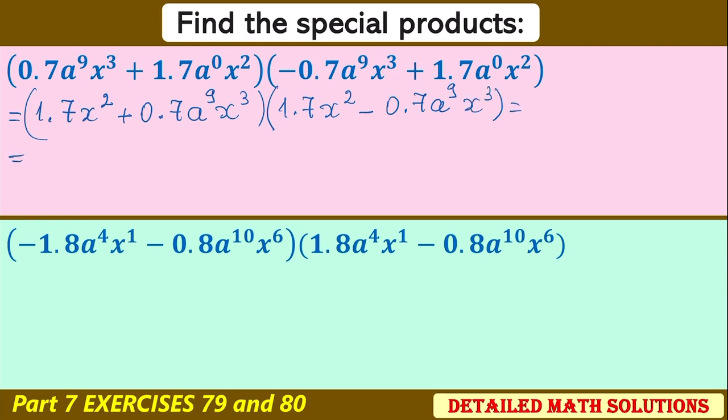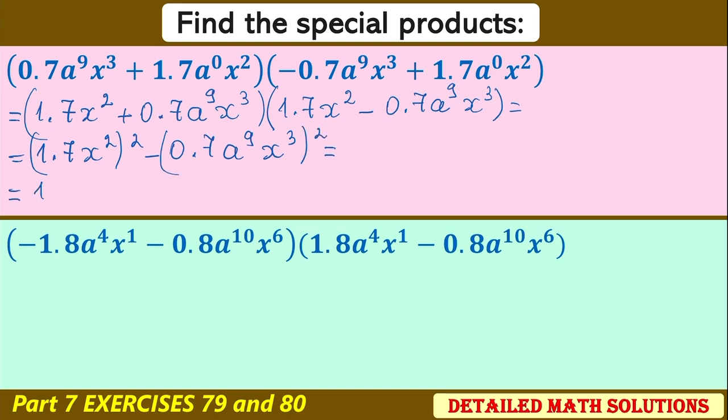This way, the first term 1.7 x squared will correspond to the a in the formula, and the second term 0.7 a to the 9th power x to the 3rd power will correspond to the b in the formula. And when I apply the formula, this equals (1.7 x squared) squared minus (0.7 a to the 9th power x to the 3rd power) squared.